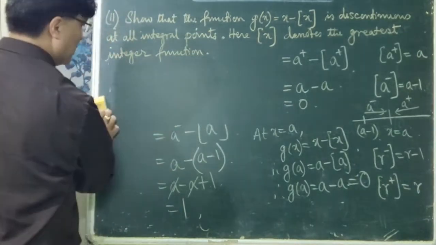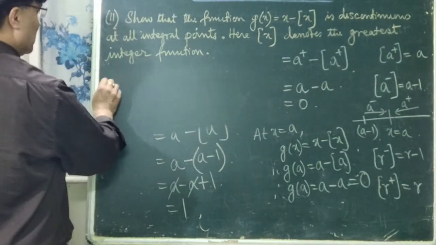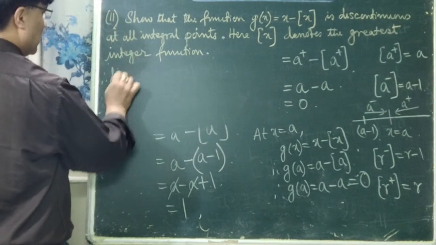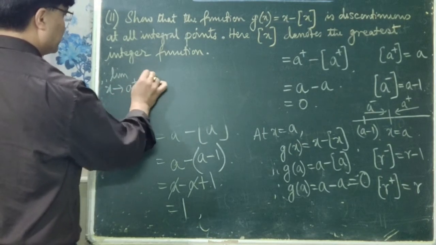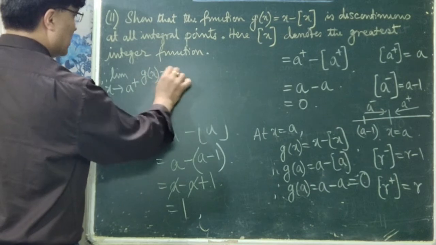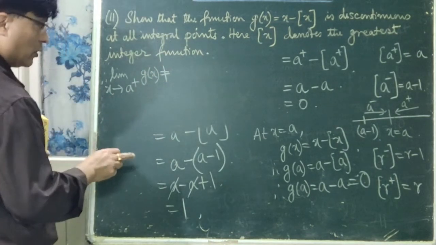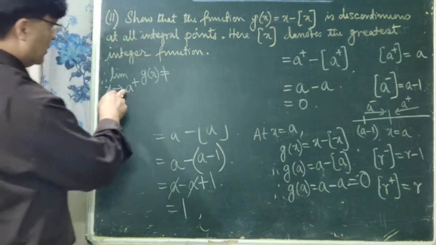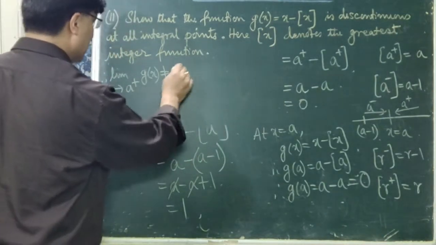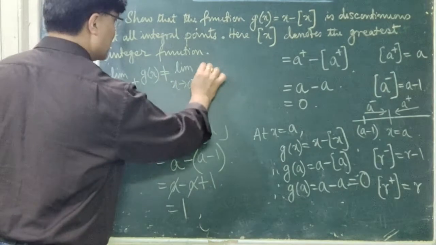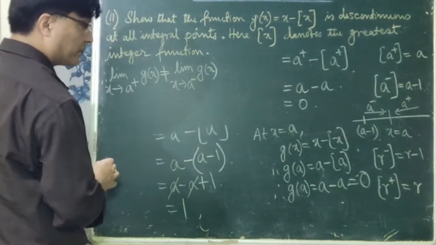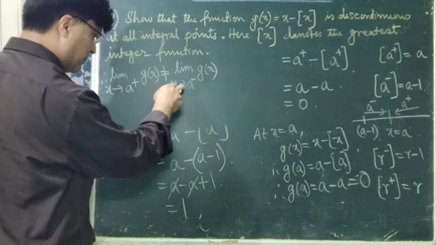So write down, therefore, limit x tends to a plus g of x not equal to what? This was 0, and for the left hand limit x tends to a minus g of x, this is your left hand limit.